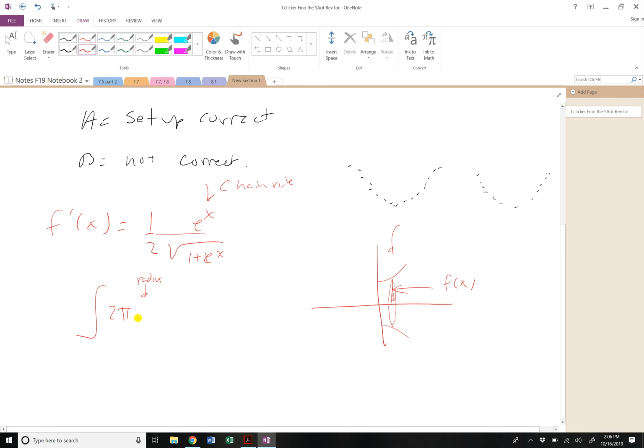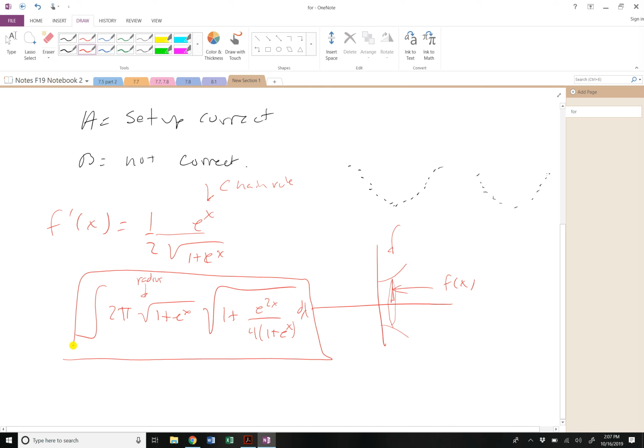So 2 pi times the square root of 1 plus e to the x times the square root of 1 plus that thing squared. So e to the 2x over 4 times 1 plus e to the x, dx. Okay? So there's the setup. We go from x equals 0 to x equals 1.